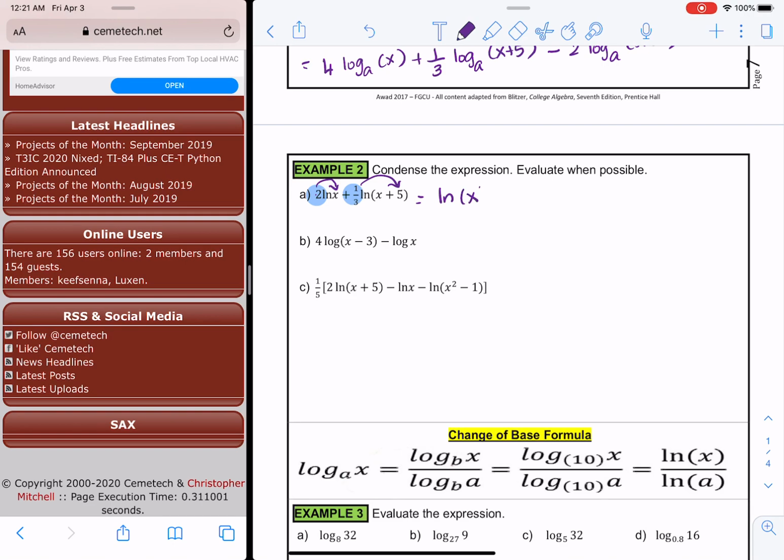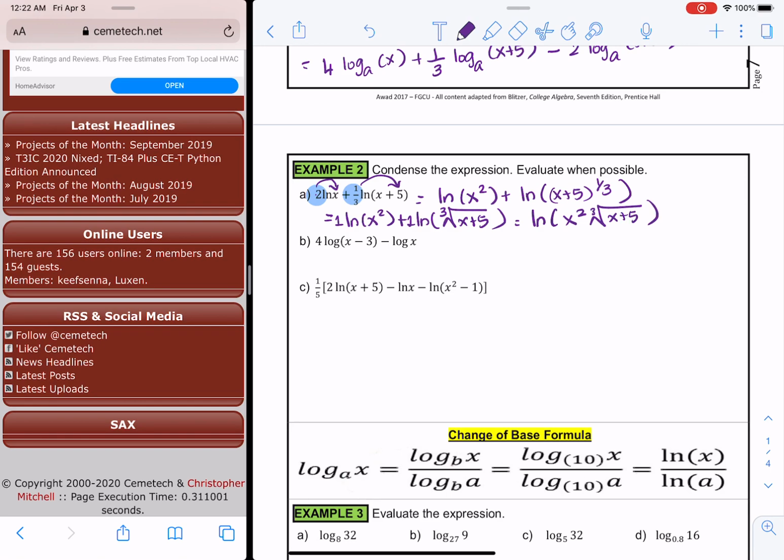So we have ln of x squared plus ln of x plus 5 raised to 1 over 3, which would simply be ln of x squared plus ln of the third root of x plus 5. And now we simply have 1 here and 1 there, so we can combine the logarithms and write it as a product. So it would be ln of x squared times the third root of x plus 5.